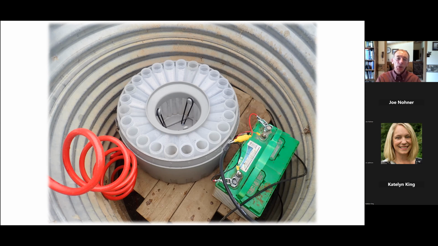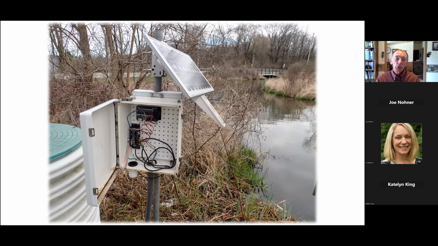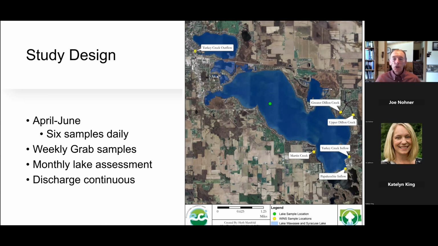And then stream discharge was recorded on a data logger inside the white box that you see here. And now we have a different data logger that actually has a telephone modem on it, and all of this data is transmitted back to our lab where it's stored, and everything's run with a solar panel.